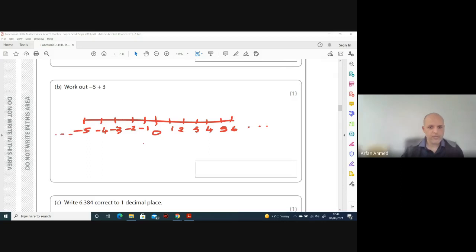So this way is getting colder, and this way is getting warmer. If you think of a temperature, a thermometer, 0's in the middle, and all your positive numbers go that way. All your negative numbers go that way.